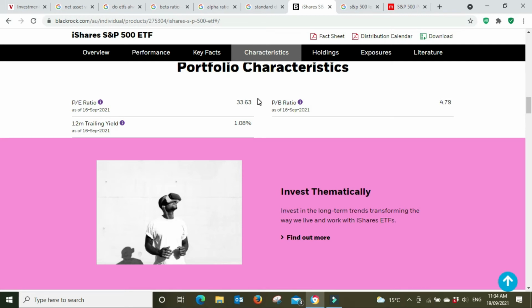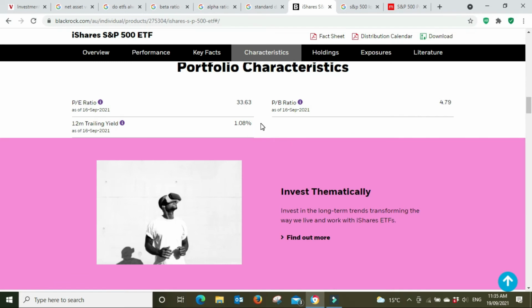Now that would tell you, without looking at anything else, if you just wanted to take a quick snapshot, and nothing's for certain here, but if you took a very quick look at it without doing too much analysis, it looks overvalued. Or you can say it's definitely priced at double its long-term average. The trailing yield is basically like the dividend yield we looked at in the previous example.